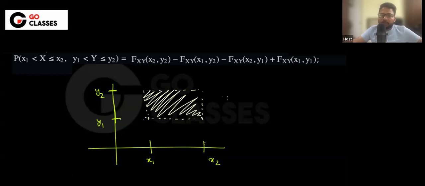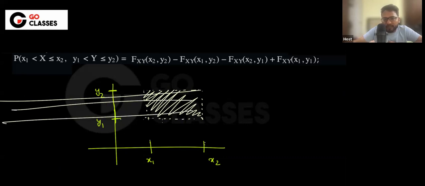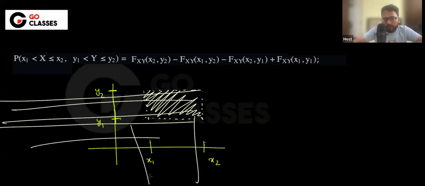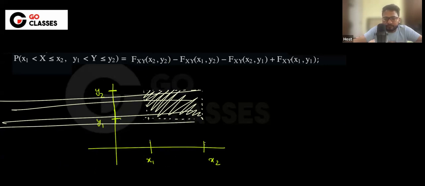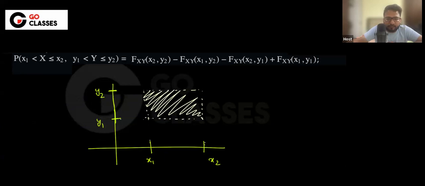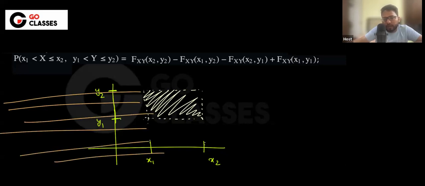If you're interested in this, you can do as they are suggesting. Take from the start, which means you take this whole region first, where x is from the start and y is also from the start. So this is from minus infinity to x2 and minus infinity to y2.